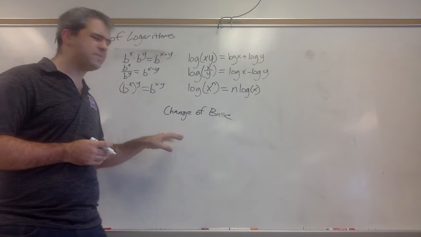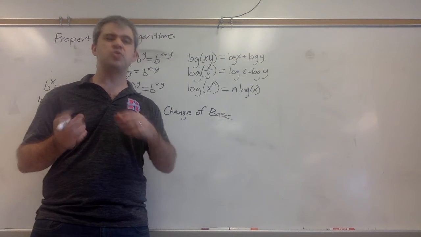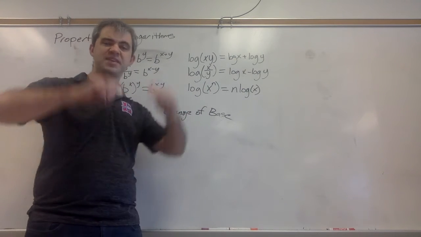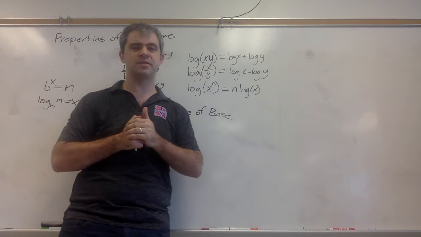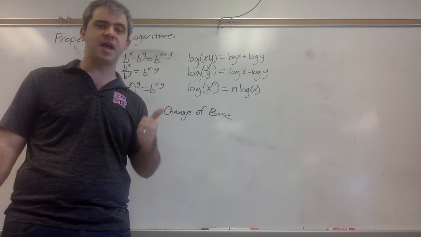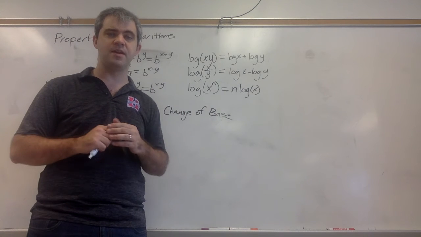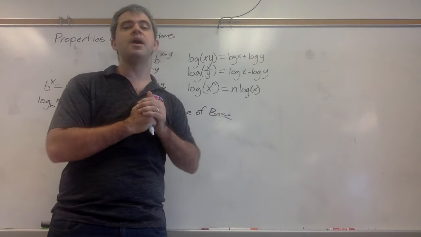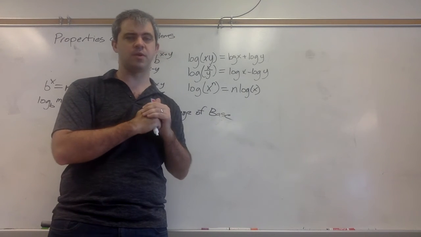The reason that was so important is we made these nasty long log tables for the two most common types of logarithms, which was natural logarithms and common logs, base 10. So you had to really convert any logarithm to either a base 10 logarithm or a natural logarithm.